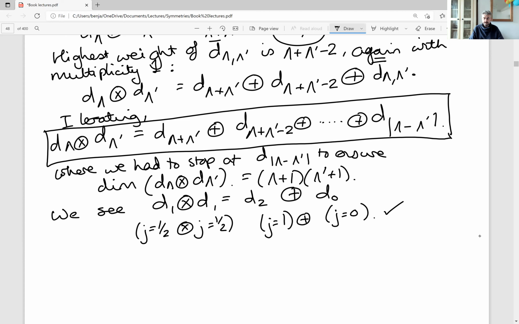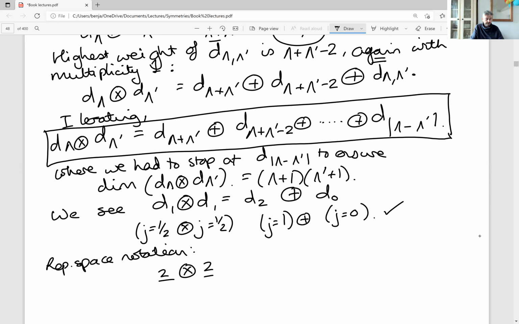So in our alternative notation, where we label the dimensionality of the representation space, the rep space notation, instead of d1, we have a 2.